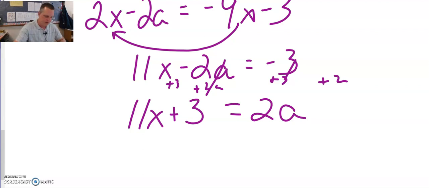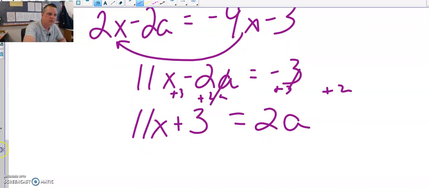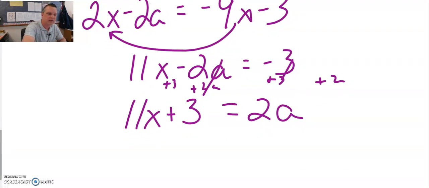Okay? And then what we want to do here is solve for x, didn't we? All right. So we are going to bring the 3 back over. Sorry. Oh, boy, you guys are going to be so mad at me. Minus the 3 back over.